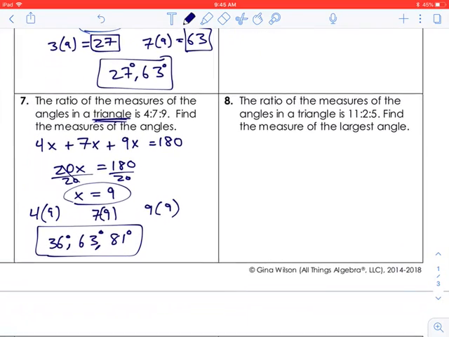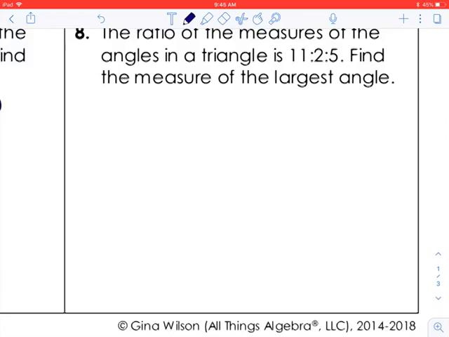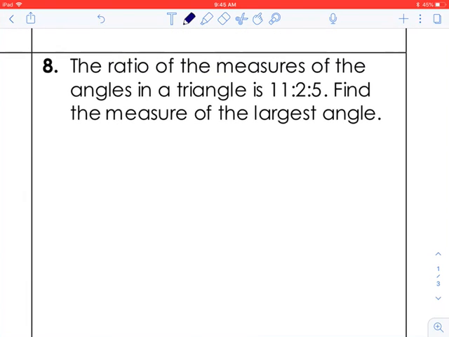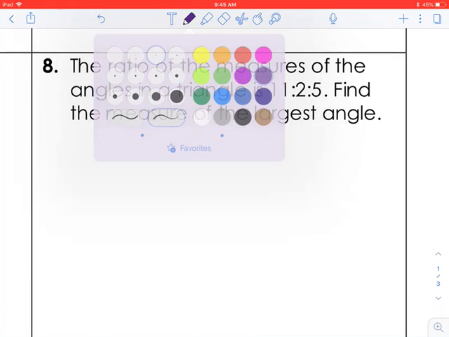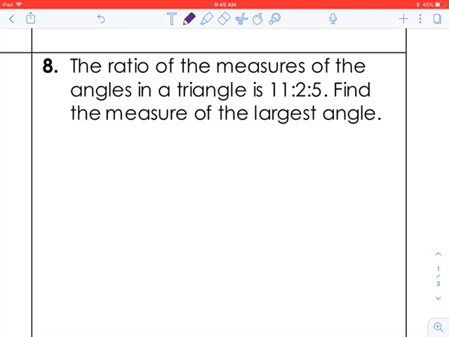Okay? And so when it's asking for a specific one, you've got to really make sure you're paying attention to what it's asking for. So 11, 2, 5 for the angles of a triangle: 11x plus 2x plus 5x equals 180.